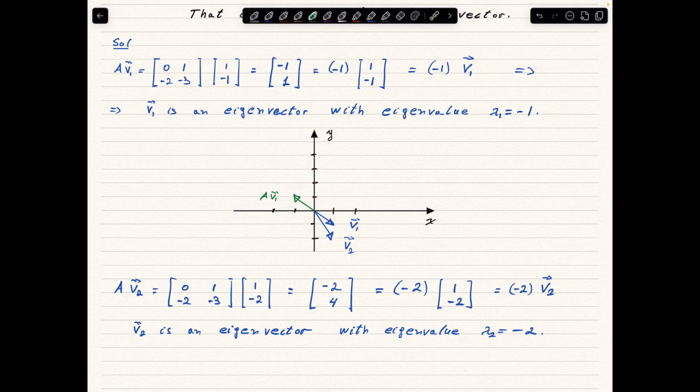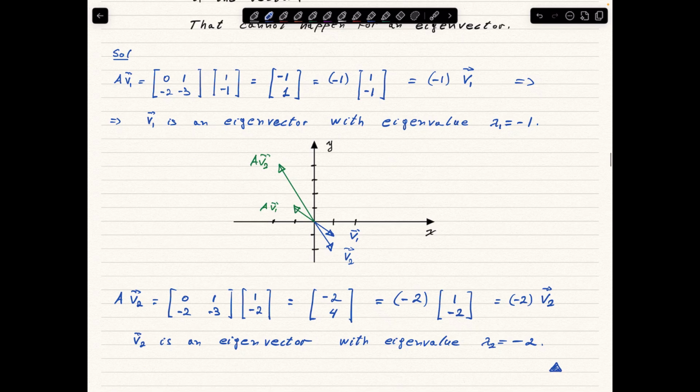So let's draw it more or less up to there. This is A acting on v2, and again they are on the same line. So this is how an eigenvalue and an eigenvector of a matrix looks like. And these are particular vectors, particular directions, where the action of the matrix is on the same line as the original vector.